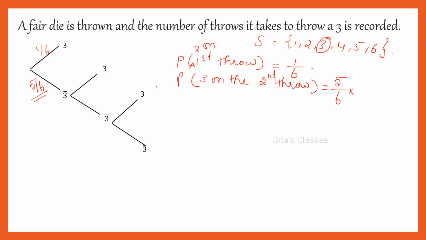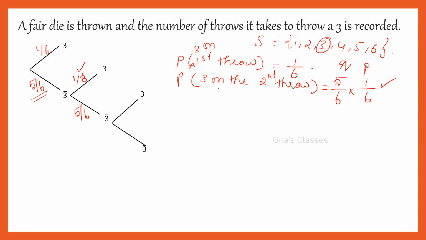Now in the second throw, if I get 3, then the probability will be 1 by 6. And if I don't get a 3, then the probability will be 5 by 6, right? So now if I get a 3, what will be my probability? First one is a failure, that is 5 by 6, that is our Q. And second is success. So if I get it in the second throw, this will be the probability, right?